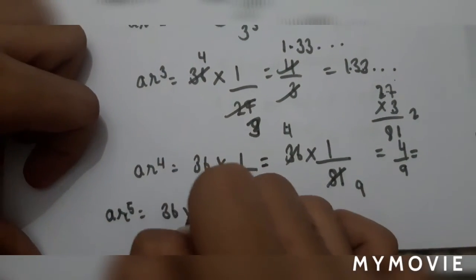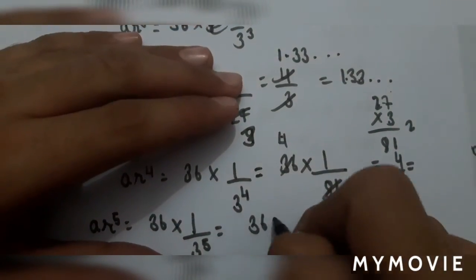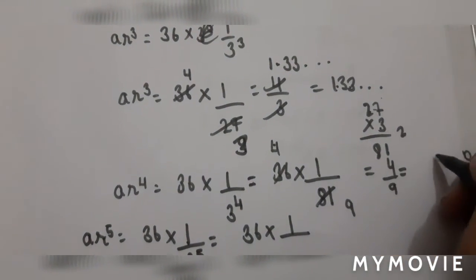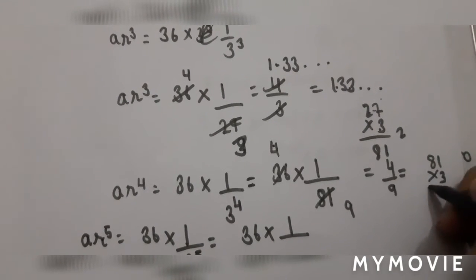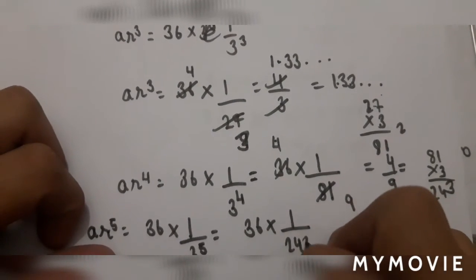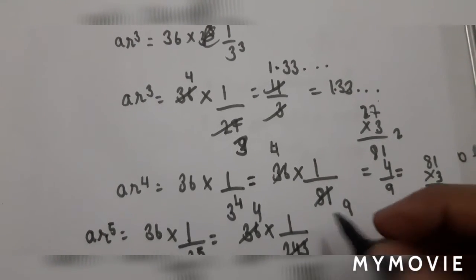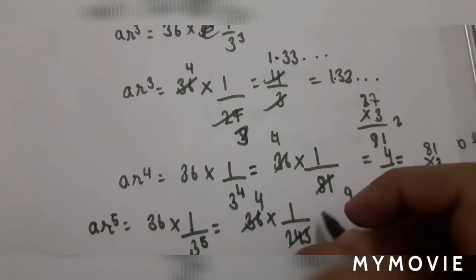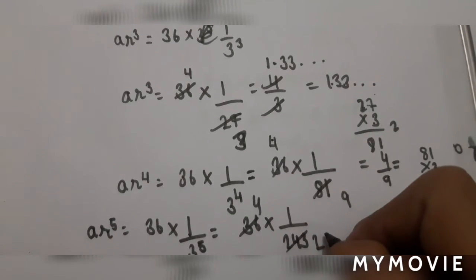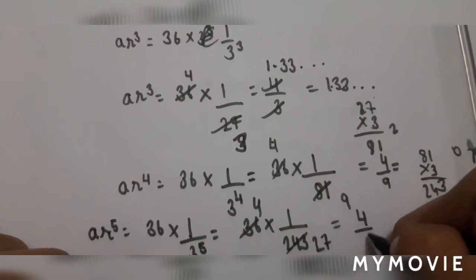So next, let's find the next term: 36 into 1 by 3 to the power of 5. 3 to the power of 4 is 81, and 81 into 3 is 243. Cancelling, 9 fours are 36, so you will get 4 by 27.